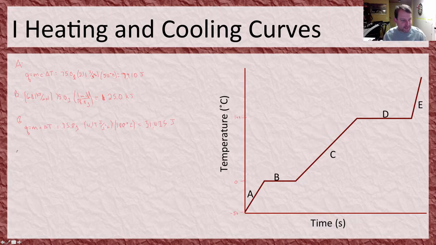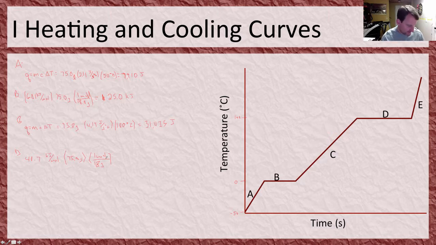All right, so now D. This enthalpy of vaporization is 40.7 kilojoules per mole. And then we need to do number of moles, so it's just like before, 75.0 grams, and 1 mole of water is equal to 18 grams.